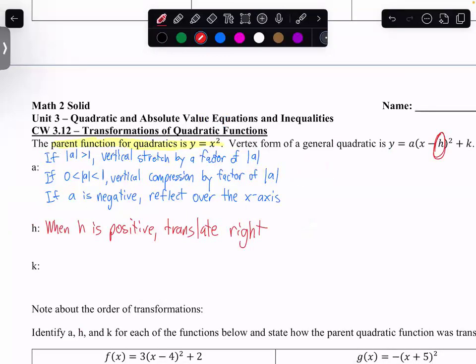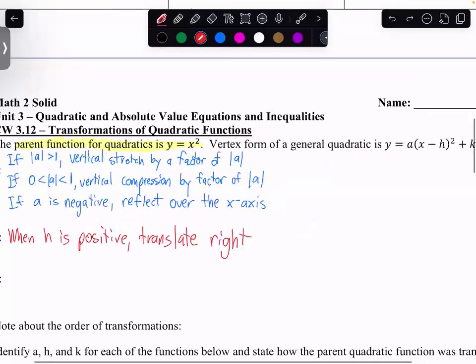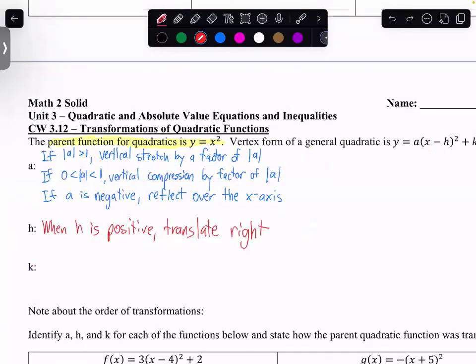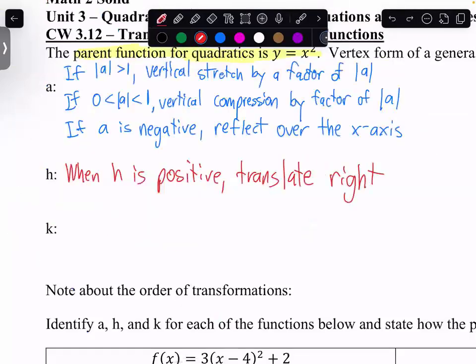Because just like with vertex, right, we know that because it's x minus H, the minus sign is part of the formula. Okay, so we'll do more examples of that later. But then lastly, we're not going to write it, but the opposite is true. When H is negative, you translate left.